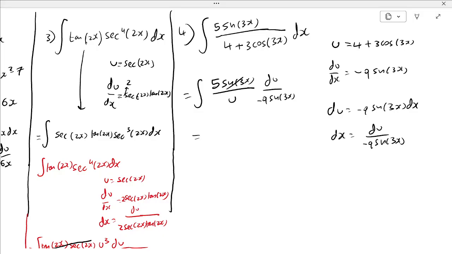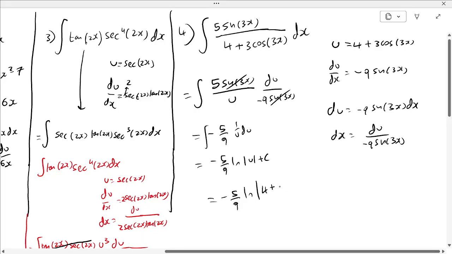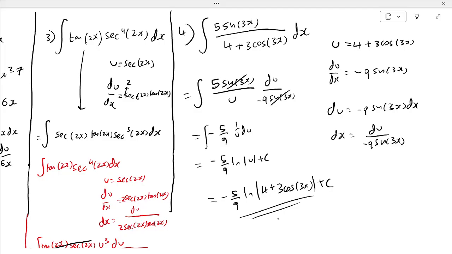So the cancellation, that's negative 5 over 9, 1 over u du, which is negative 5 over 9 ln absolute value u plus c, or negative 5 over 9 ln absolute value 4 plus 3 cos 3x plus c. And it works.